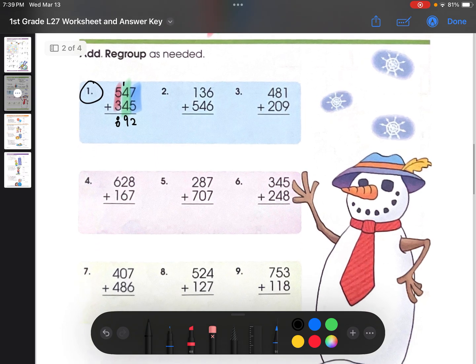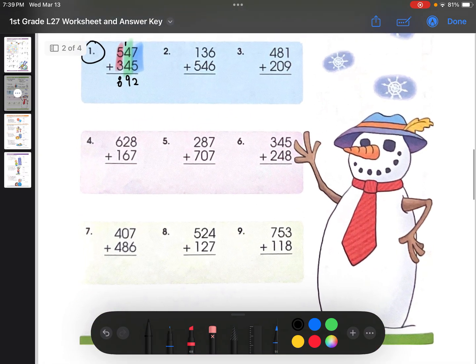Let's do 2 more problems, because this is a new concept. Number 5. 287 plus 707. So first, again, start from the ones place. 7 plus 7 is 14, so the 4 can stay here in the ones place, and the 10 gets moved up.